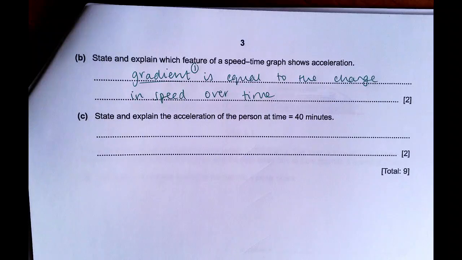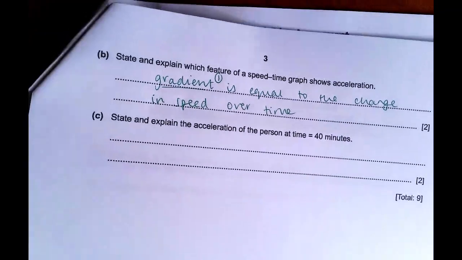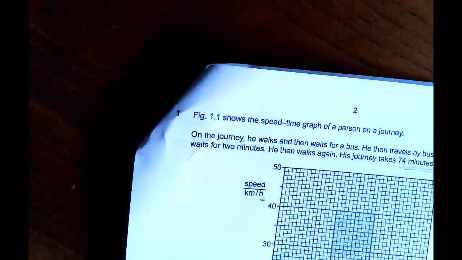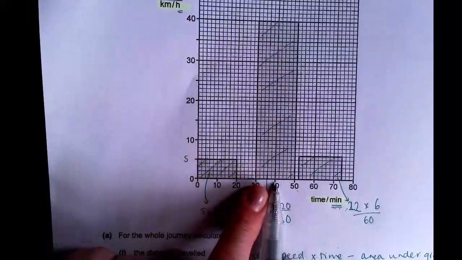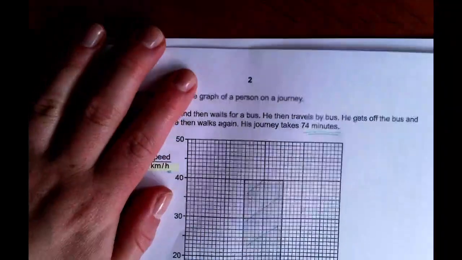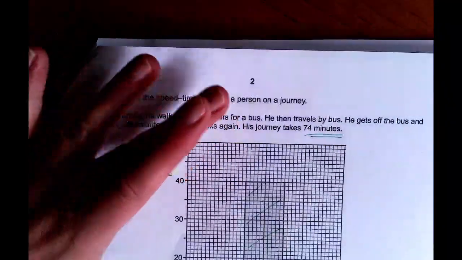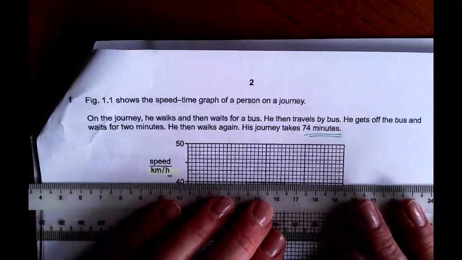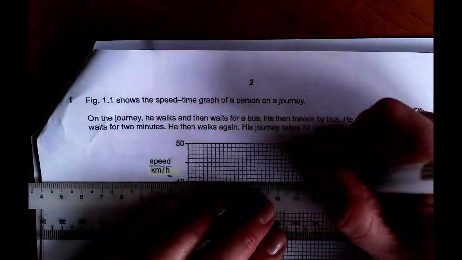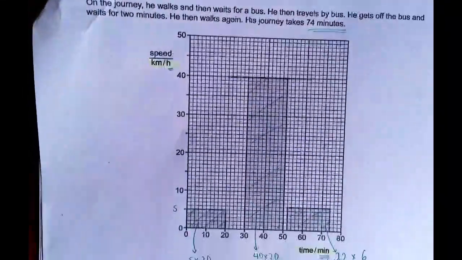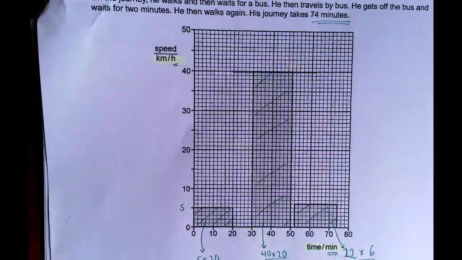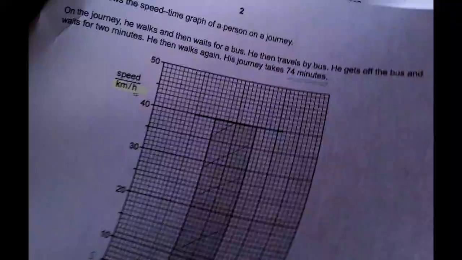And then it says, state and explain the acceleration of the person at time is 40 minutes. So if we go back to our graph, at 40 minutes, which is halfway through the bus's journey, if we go up to look at the speed, at this point, the gradient at 40 minutes is completely horizontal. Okay, so it's a steady speed, and the gradient is 0, so we don't have any acceleration.